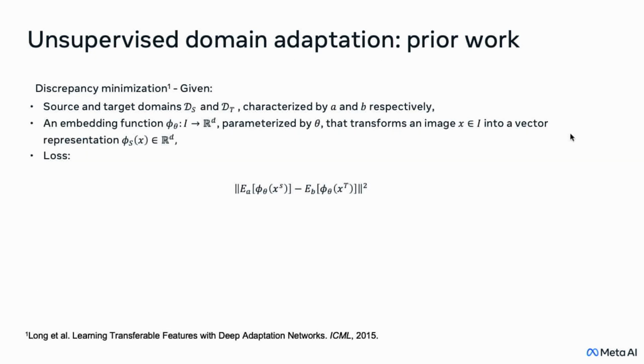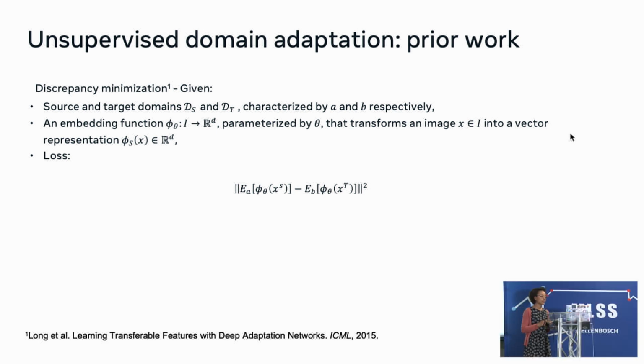One such sub-approach in this space is called discrepancy minimization. In this case, you have your two domains, D_S and D_T, and you want to learn an embedding function phi parameterized by theta. So you're going to optimize over theta, and that's going to transform your image into some kind of vector representation. What you want to do is minimize this loss.